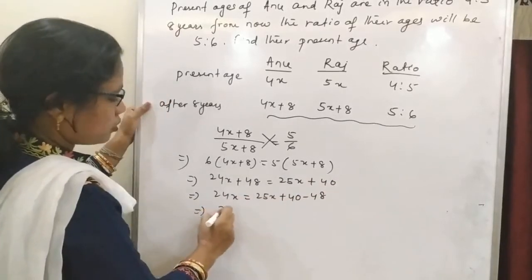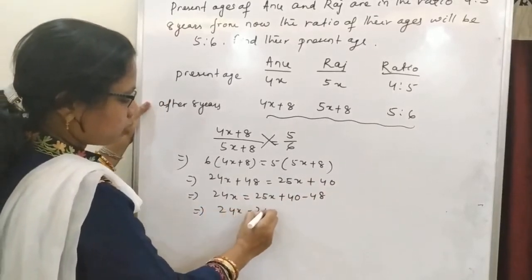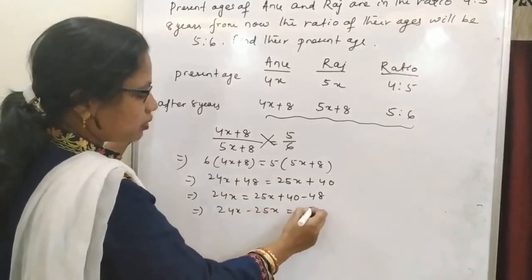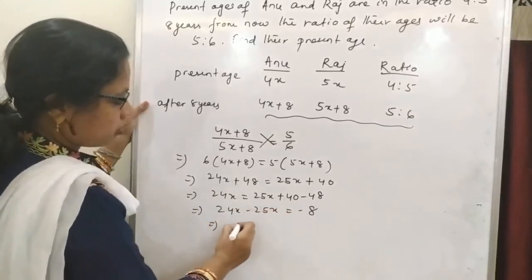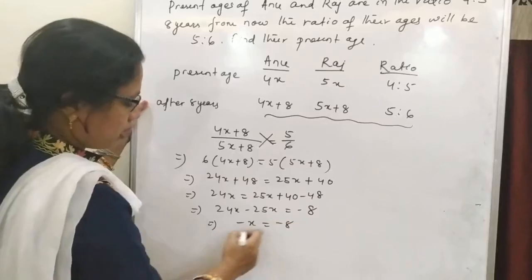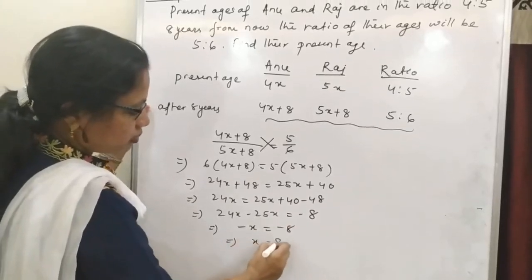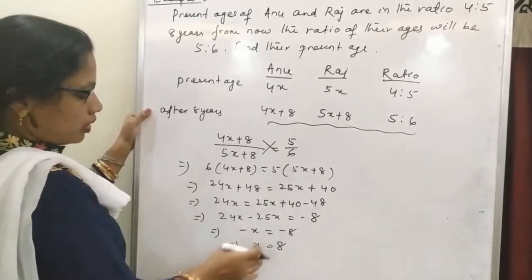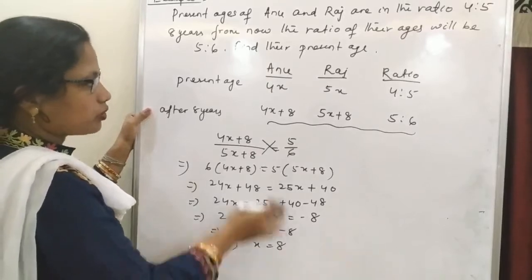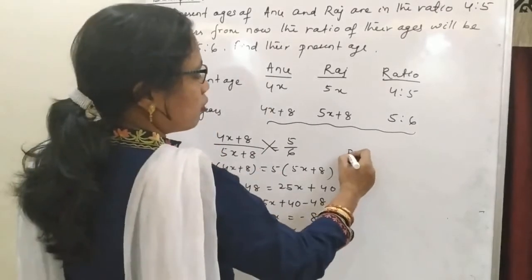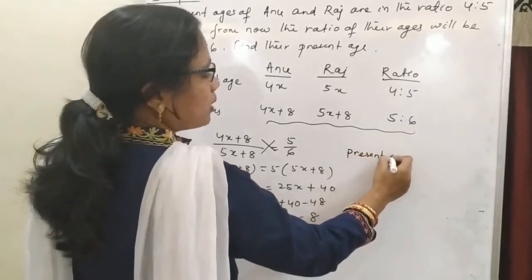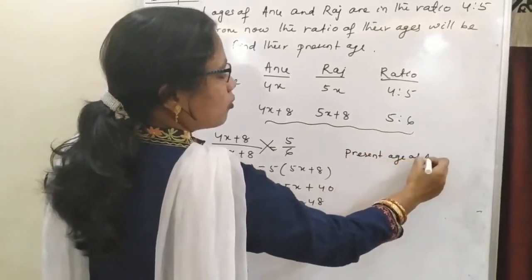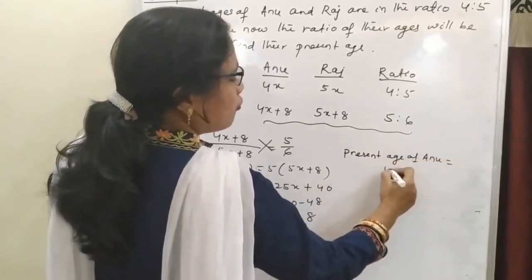So this implies 24x minus 25x is equal to minus 8. So this implies minus x is equal to minus 8, or x is equal to 8. So here we got x is equal to 8, but the present age of Anu is equal to 4x.